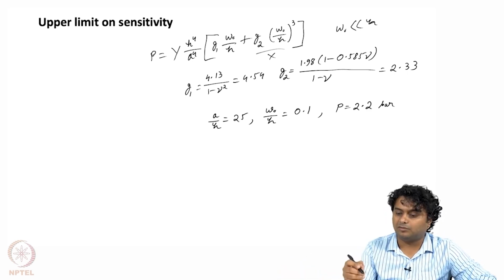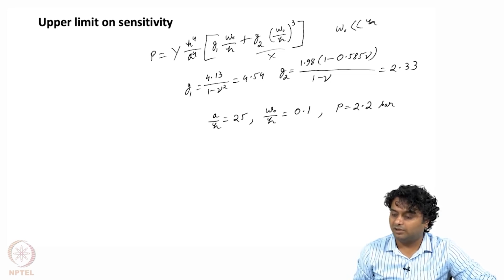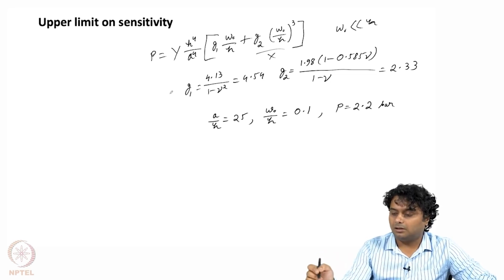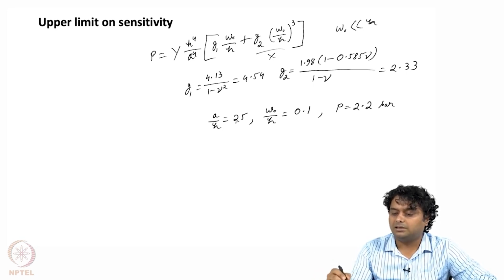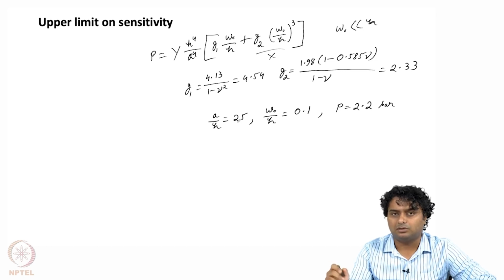This is for silicon, so for Y also you will use the silicon value. Now you see why I wrote these actual numbers, because A by H is 25. So if your membrane thickness is 1 micron, then the side is 25 micron. So it is a pretty reasonable assumption.